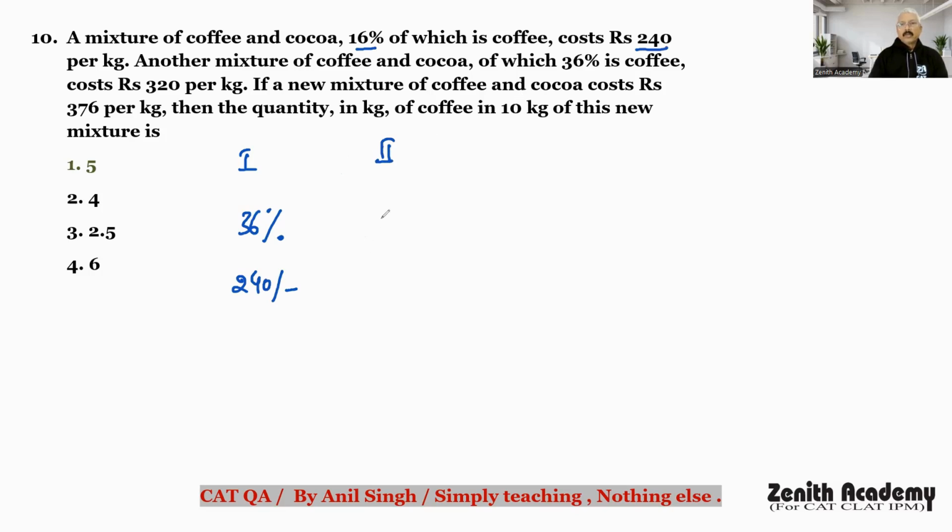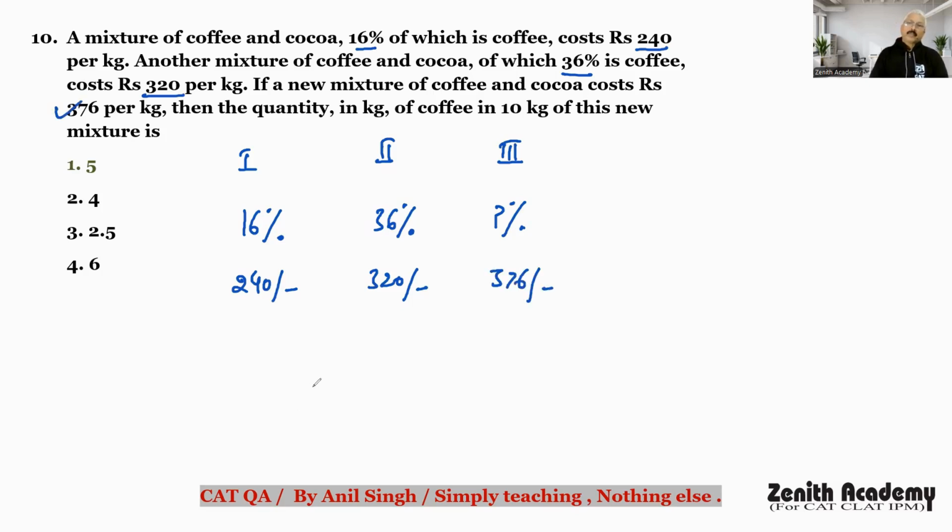Second mixture, the coffee percentage, given earlier in the first, is 16%. In the second, it is 36%. And here the cost of the mixture is given 320 rupees per kg. Third mixture, the percentage of coffee is not given. The cost is given 376 rupees per kg.